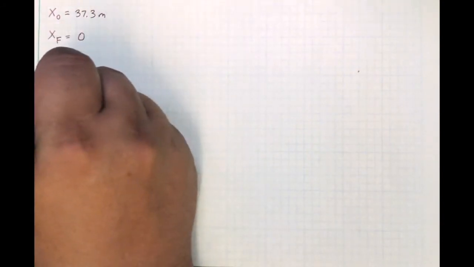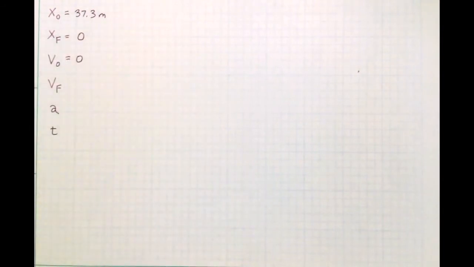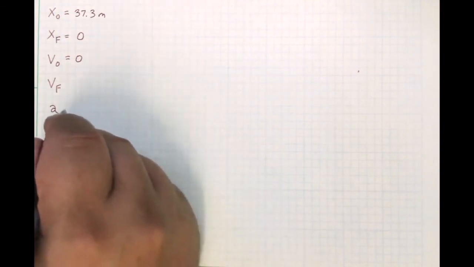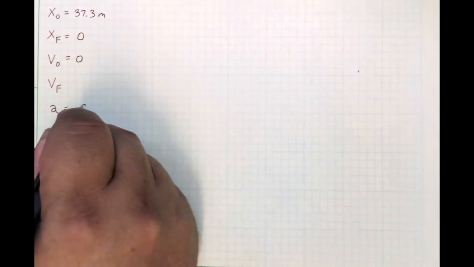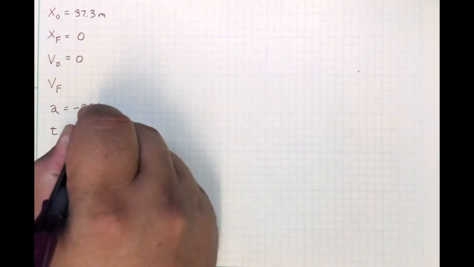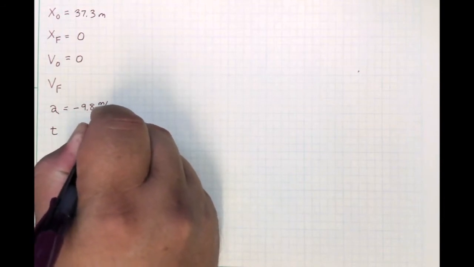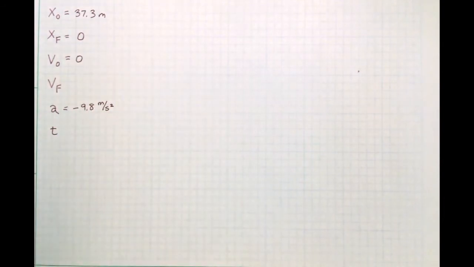Their initial velocities will both be 0 because we state that they fall off the cliff, not that they jump or are thrown, but they simply fall off the cliff, so they begin with a velocity of 0. And then finally, we know that they are in free fall, and so they will have an acceleration of negative 9.8 meters per second squared. Notice we put the negative sign to signify that that acceleration is downward.